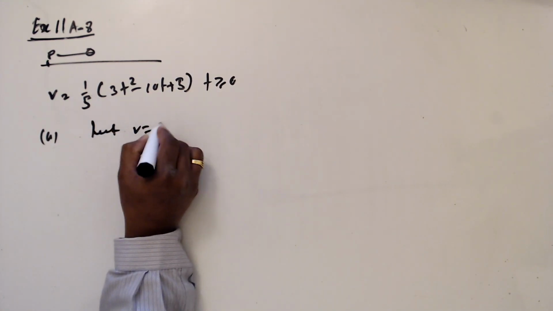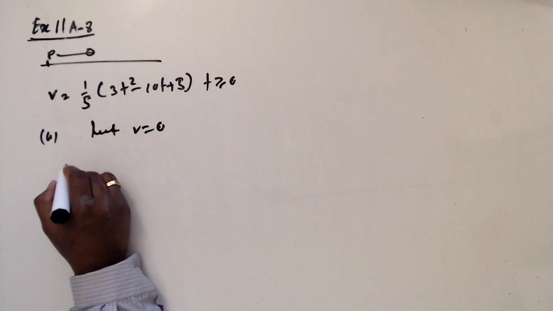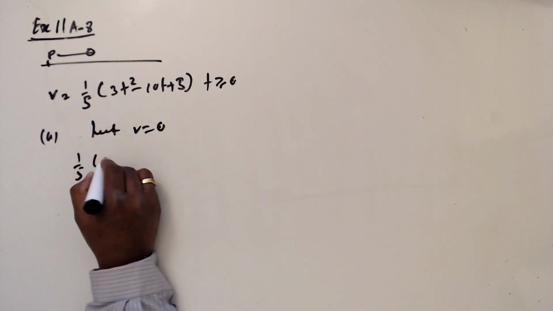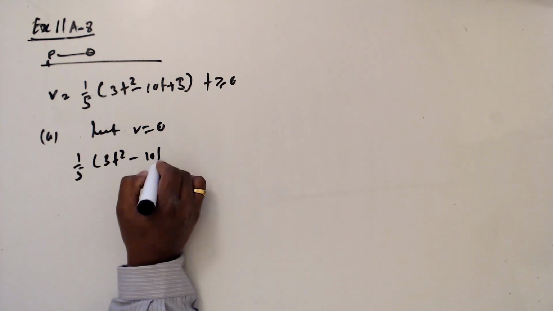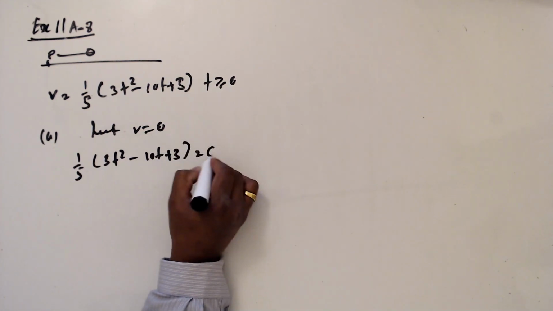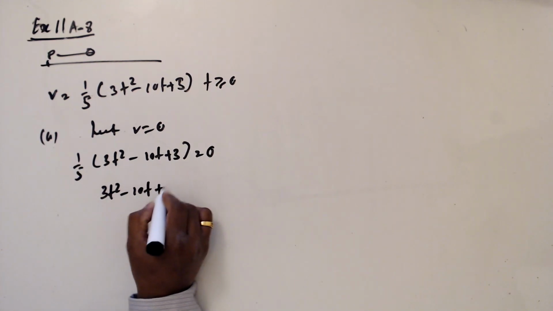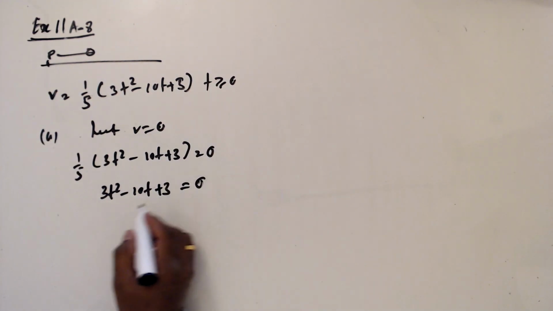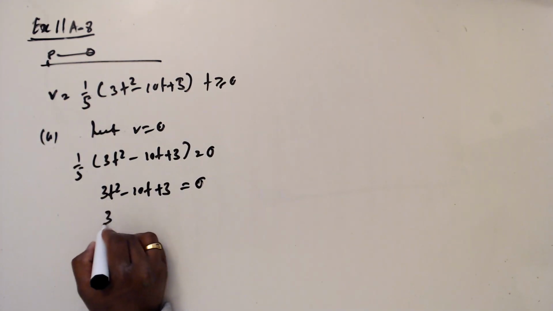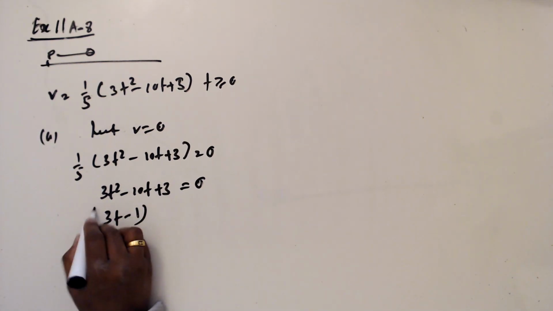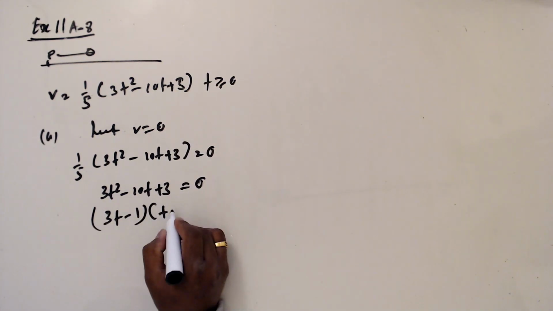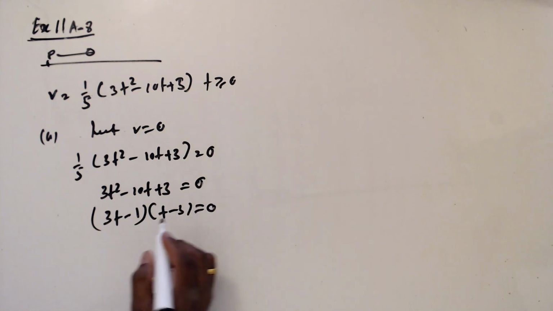So V equals 0. Let V equal 0, then 1 over 5 times 3t squared minus 10t plus 3 equals 0, that is 3t minus 1 and t minus 3 equal 0.